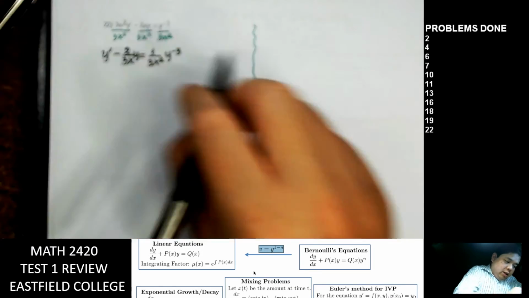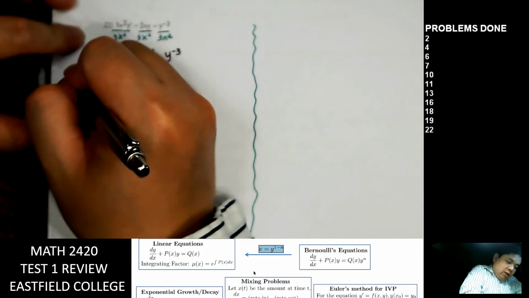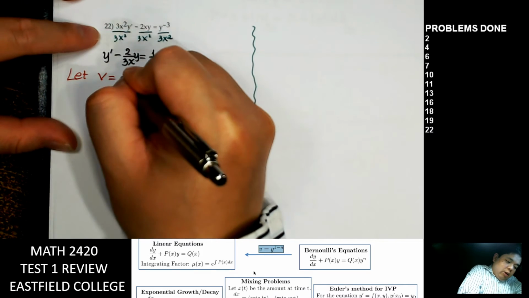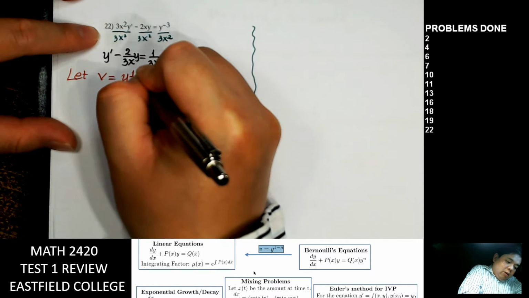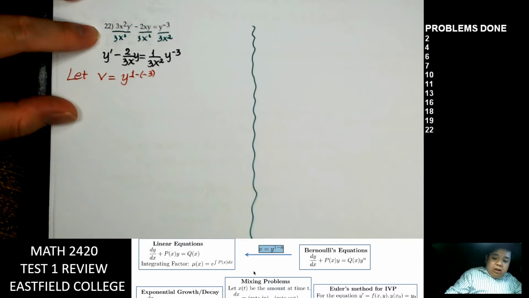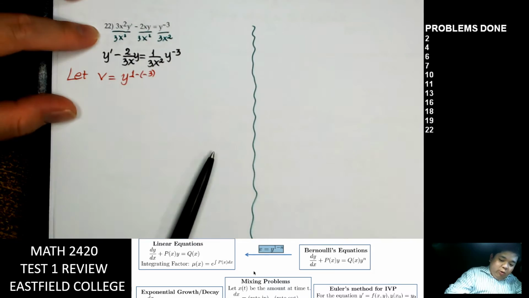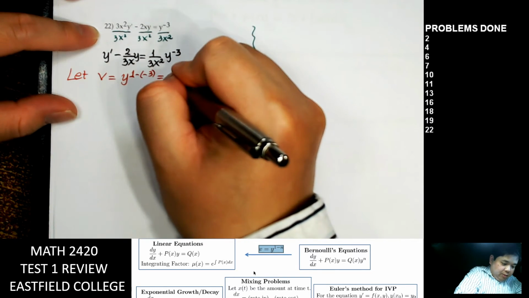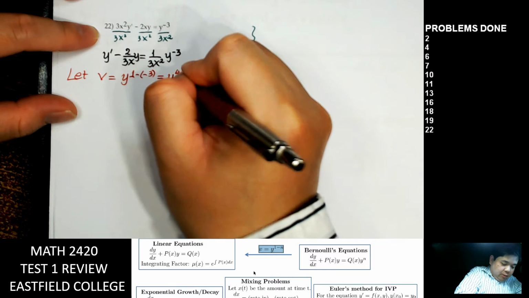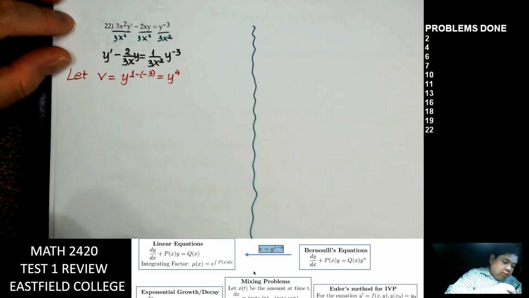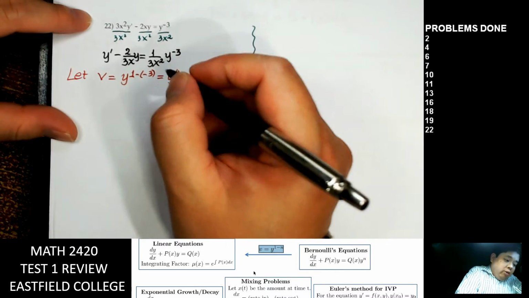So the substitution: let v equal y to the 1 minus negative 3, so it will be y to the 4th power. Right, and then we can take the derivative.